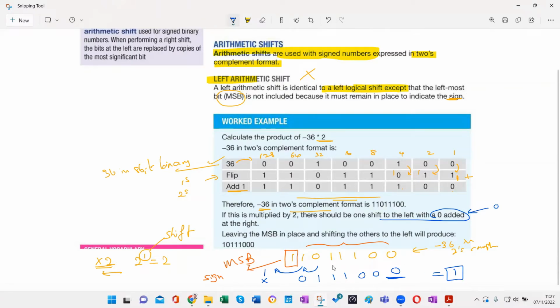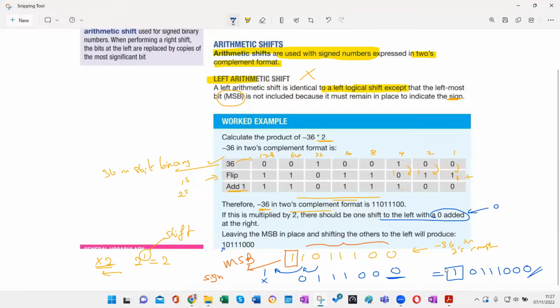So that is 0, 1, 1, 1, 0, 0, 0. There you go. That's the answer. Don't forget that the last bit, or the most significant bit, is the sign. So it's still a negative number and the rest is different.